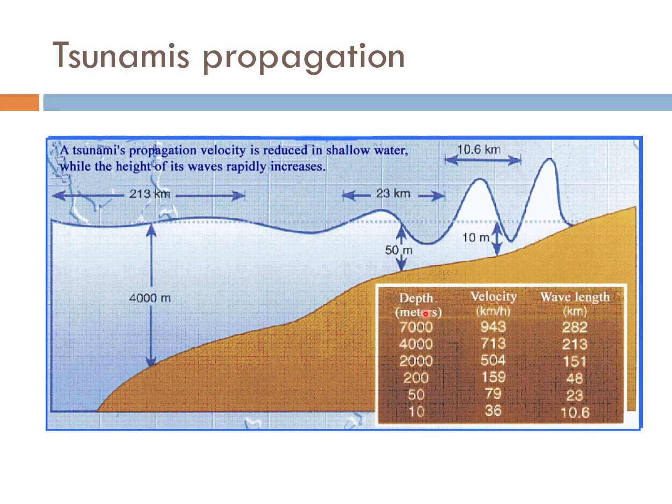So for example, we may have a tsunami with a wavelength of up to almost 300 kilometers in the deep ocean, moving at very high speed, up to 900 kilometers per hour.